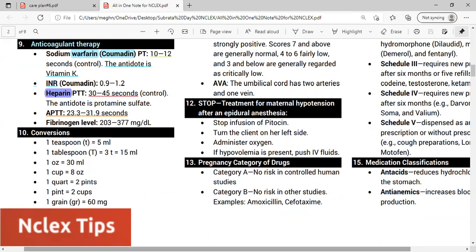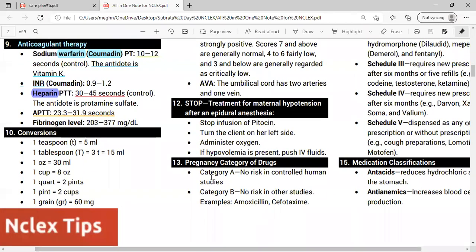So we categorize them into levels: category A, category B, or C. A category means no risks in controlled human studies. Category B drugs, no risks in other studies.